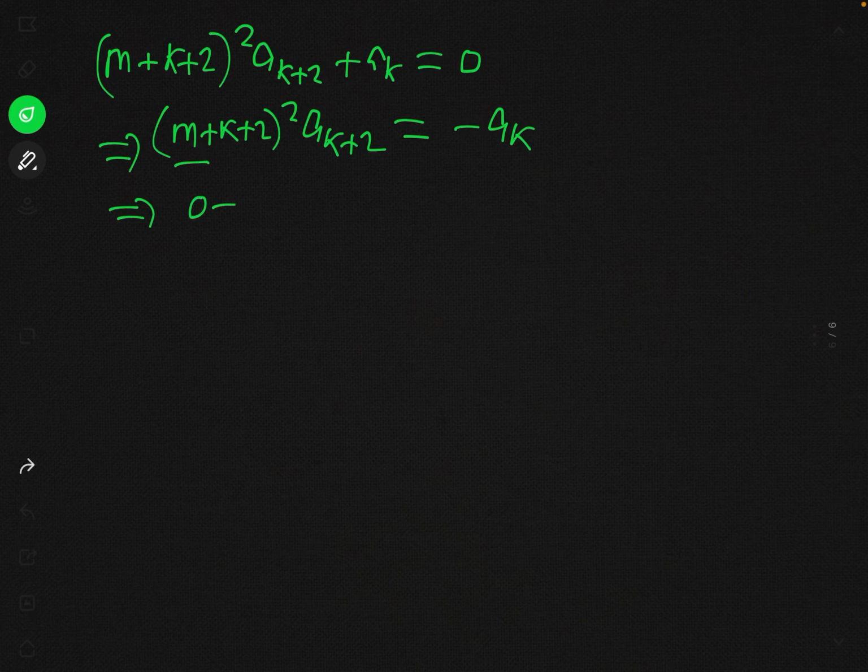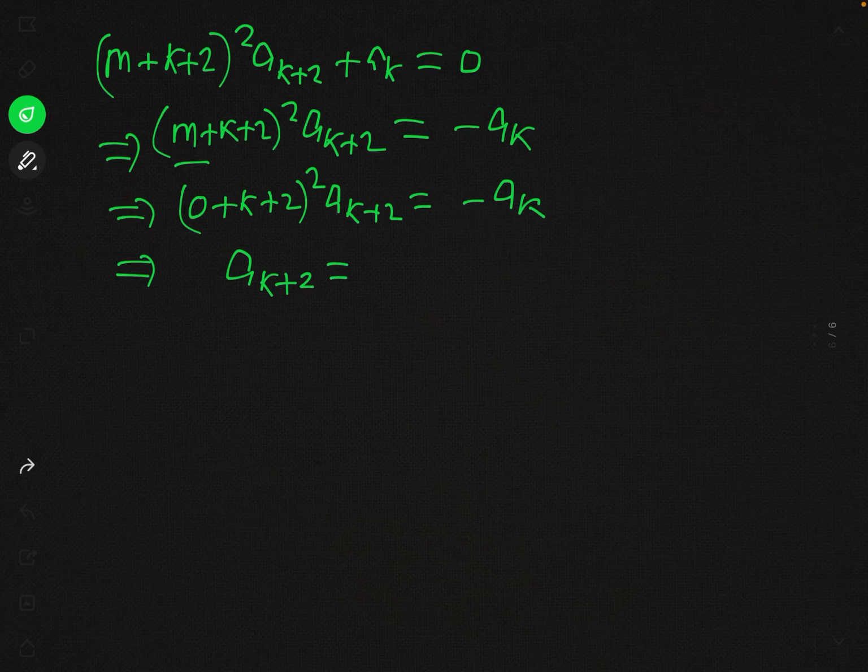So this will be simply k plus 2 whole square times a k plus 2, equal to minus ak. And so you can see a k plus 2 will be simply minus ak over k plus 2 whole square.